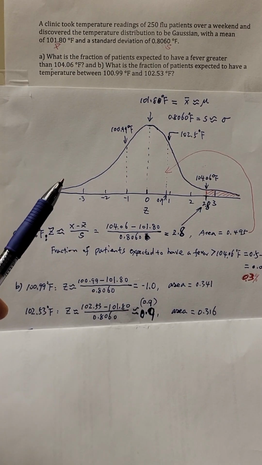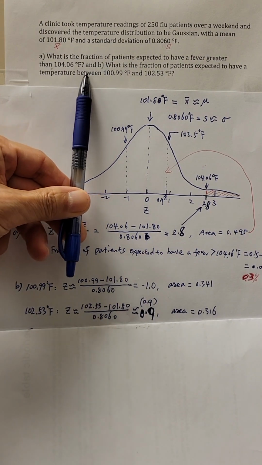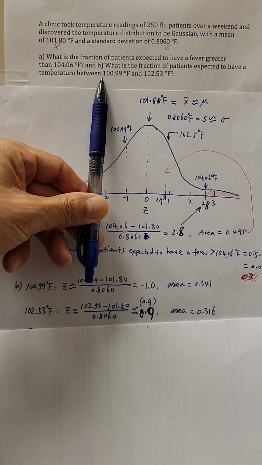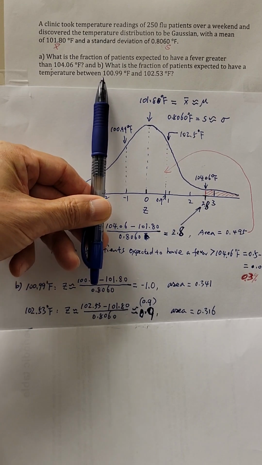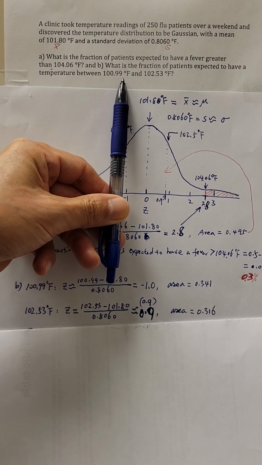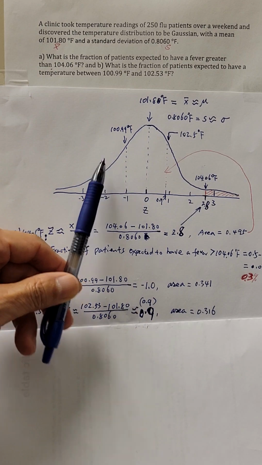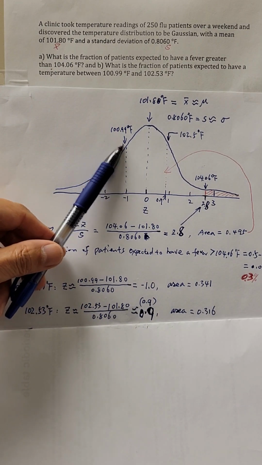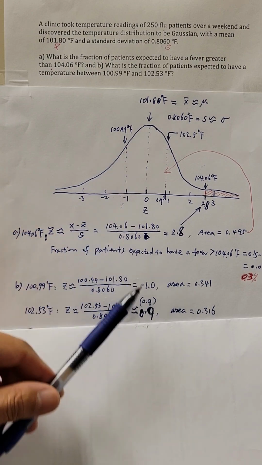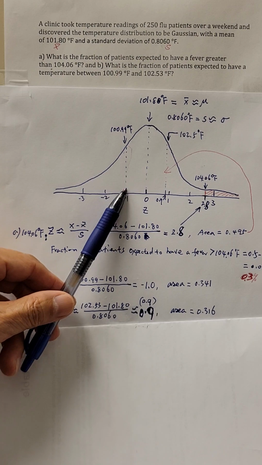At this point, the person who asked this question wants to know the fraction of the patients with temperature higher than 100.99 but lower than 102.53. So 100.99, that's the temperature, and the corresponding z-value is negative 1. The temperature 100.99 is right here.